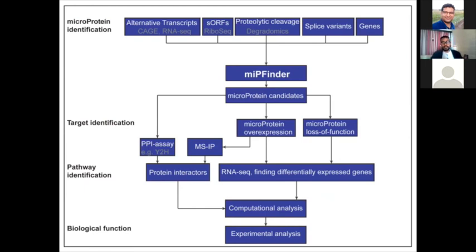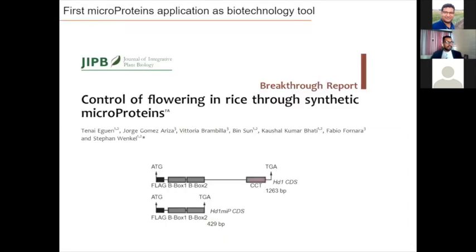Or there are ways you can use a synthetic microprotein, or you can use MIPFinder to identify whether there is an interesting microprotein-like sequence available in the genome that could target my protein of interest. And then you validate your protein-microprotein complex for biological function using experiments that I defined before. And we will come to that part again at the end.